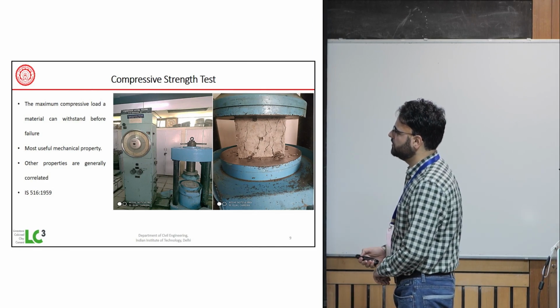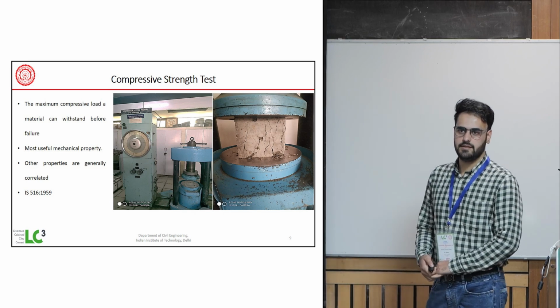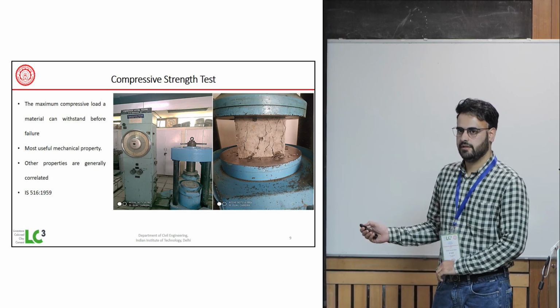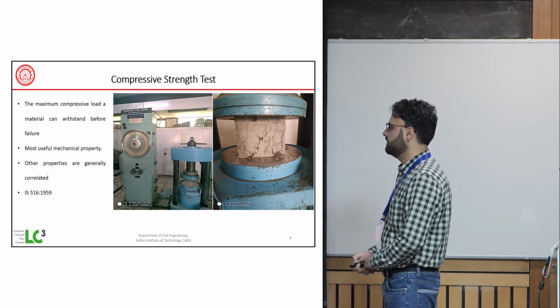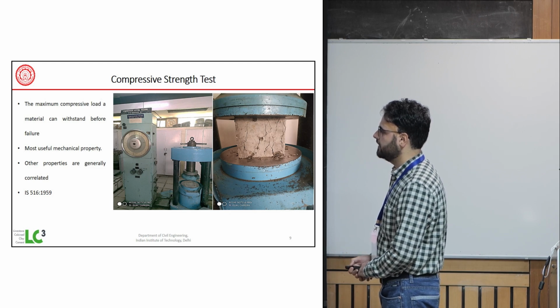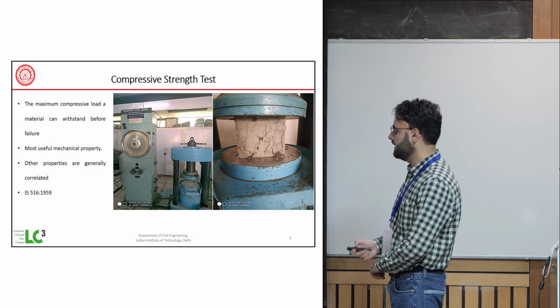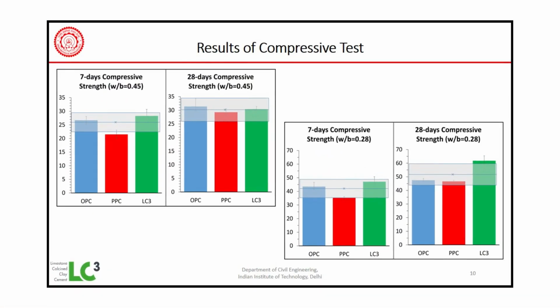It is the most useful mechanical property, as a lot of other properties we can indirectly derive using different types of equations if we know the compressive strength. For this, the Indian standard IS 516 of 1959 was used. These are the results of the compressive strength.